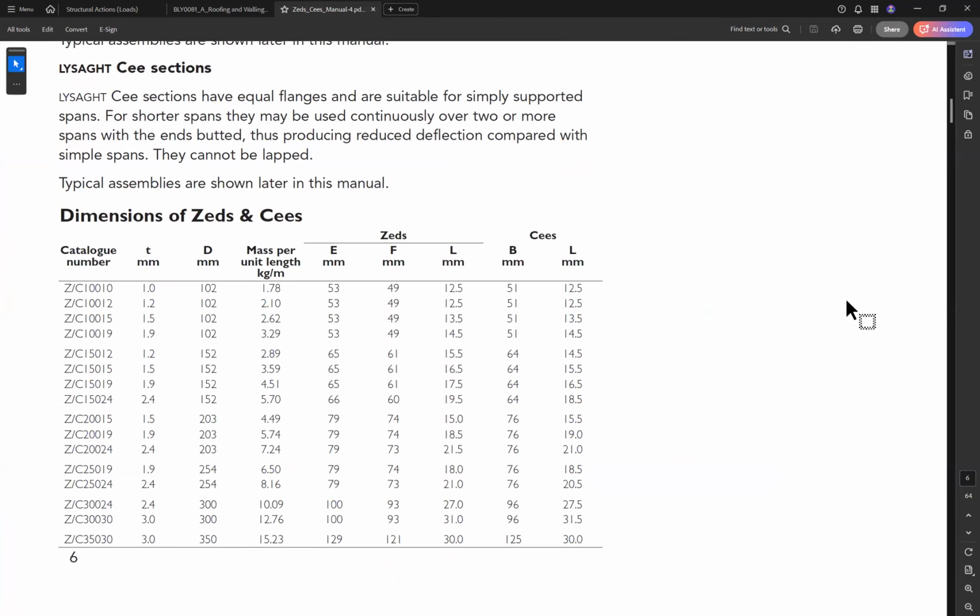For example, Z or C 250/19: the mass of this one is 6.5 kilogram per meter.